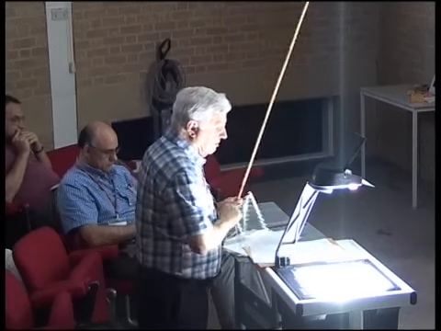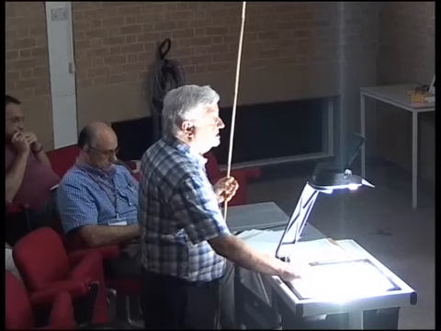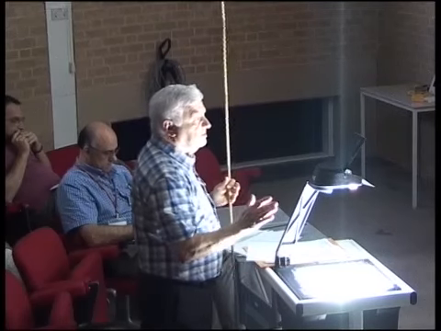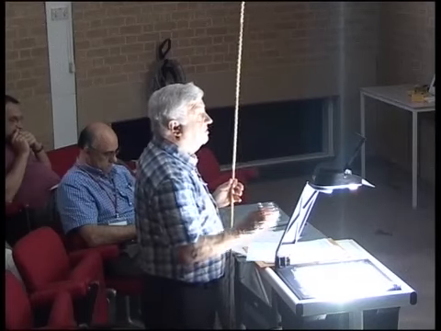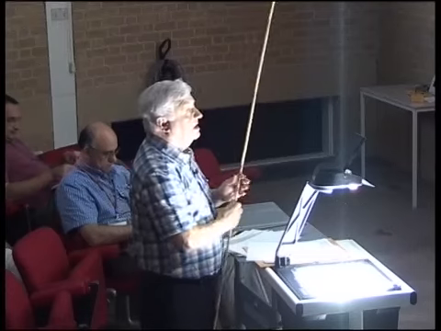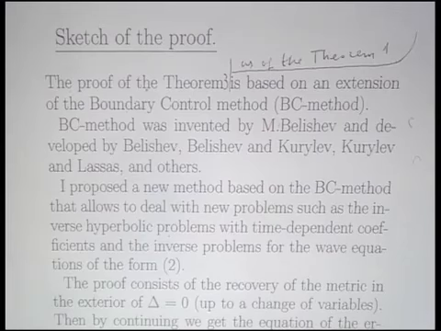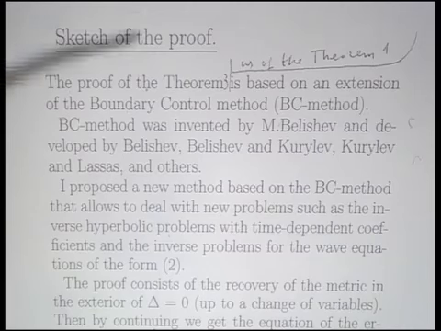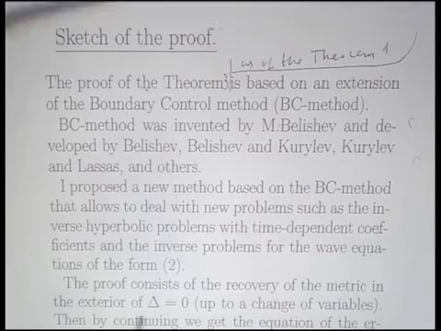Sketch of the proof: in fact, it is the same proof for Theorem 1, my initial theorem, and for the theorem about the ergosphere. It is a proof based on an extension of the BC method. A quite short history: the BC method was invented by Belishev and developed by Belishev and Kurylev and Lassas and others, and I have a new variant of the BC method.